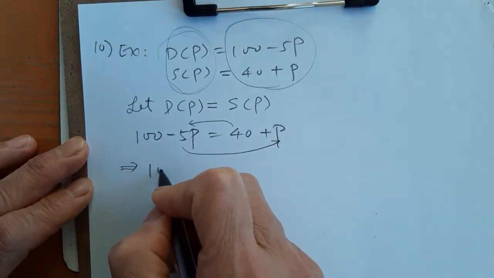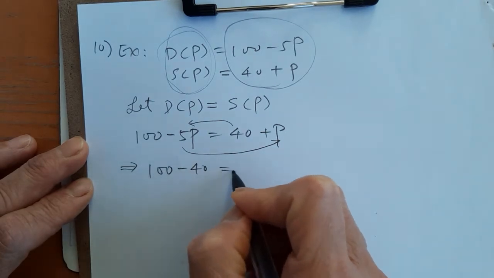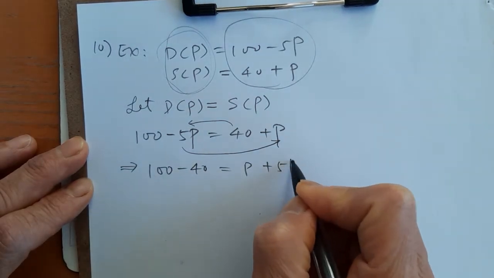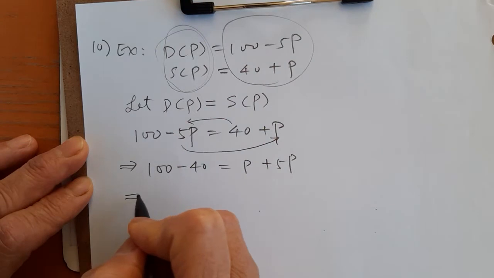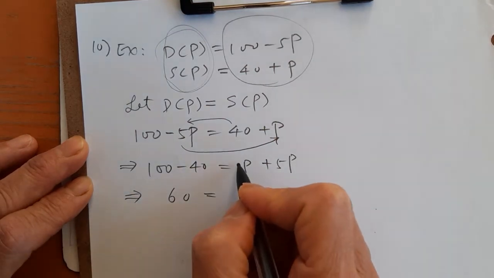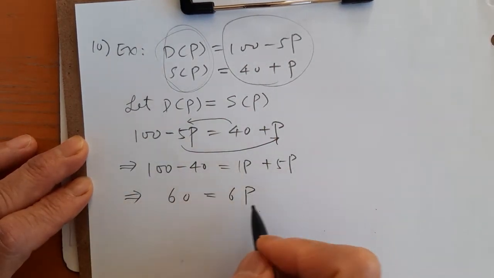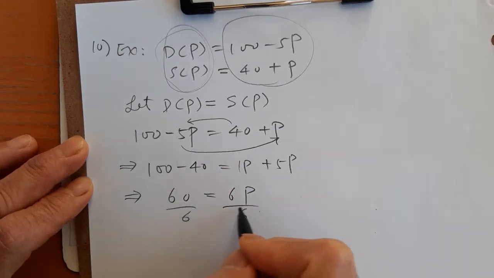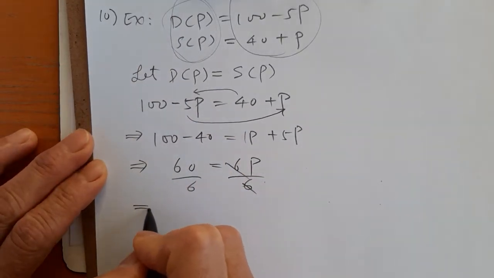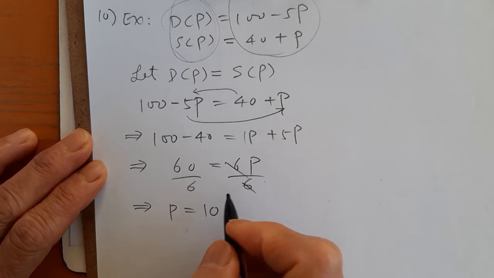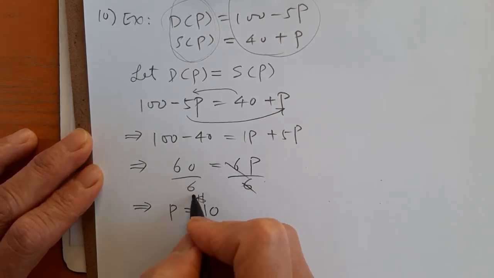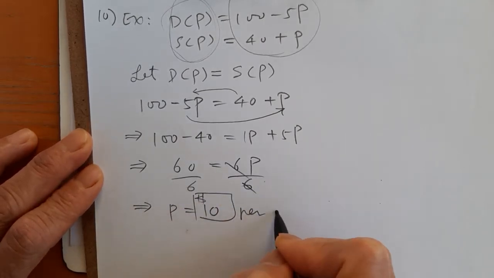So it becomes 100 minus 40 equals p plus 5p. 100 minus 40 is 60, and 1p plus 5p is 6p. Then divide both sides by 6, so p equals 10. So it's $10 per unit.